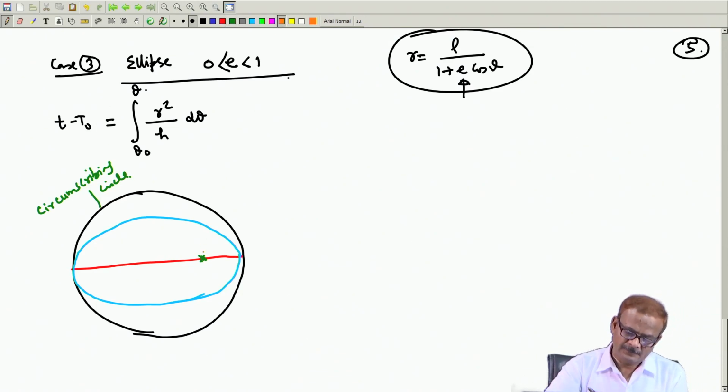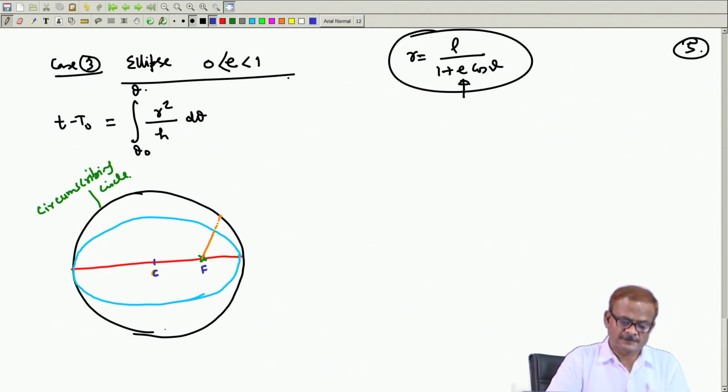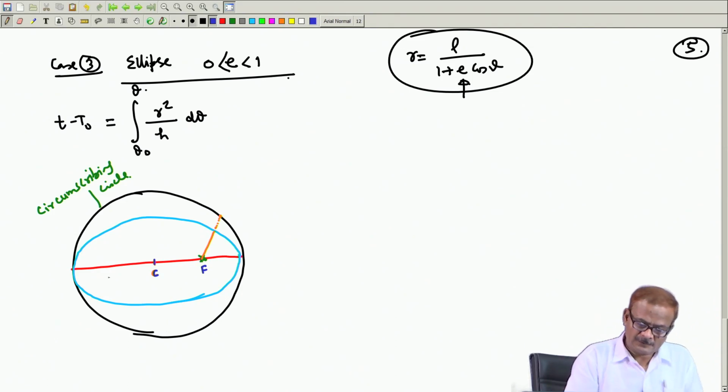And then we have the radius vector here. If we extend this, it goes and touches the circle at this place. Somewhere this point is the center, and this point we call the focus. Here on this side we have half of this, the semi-major axis.